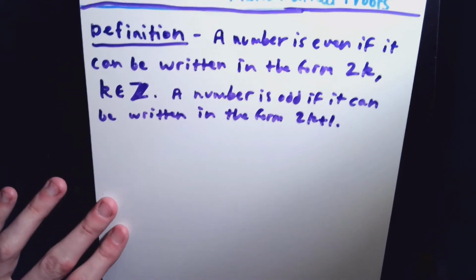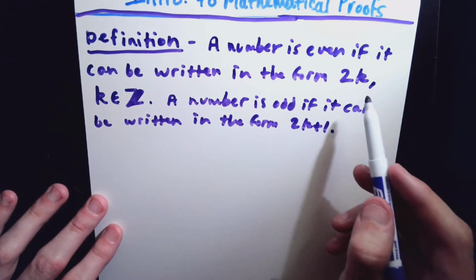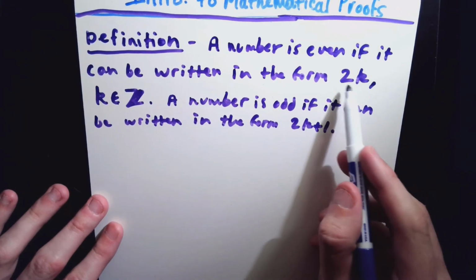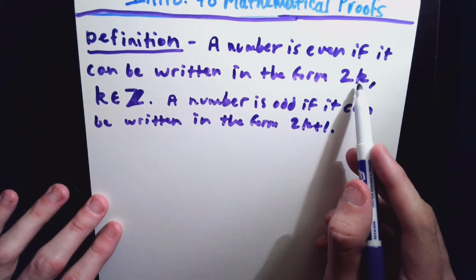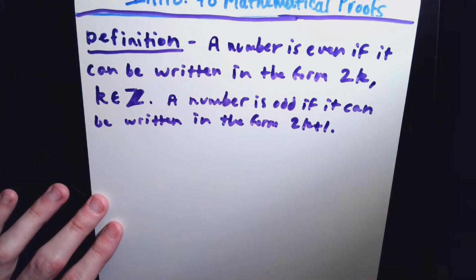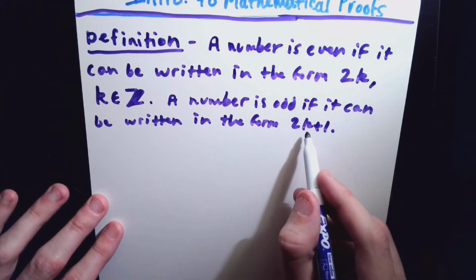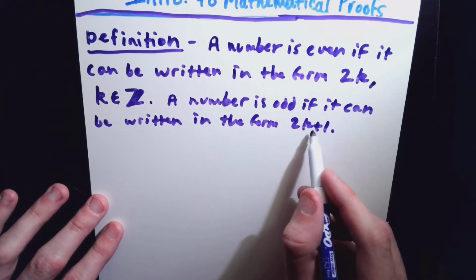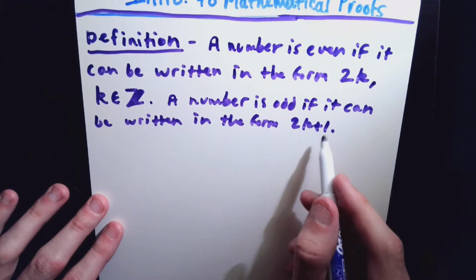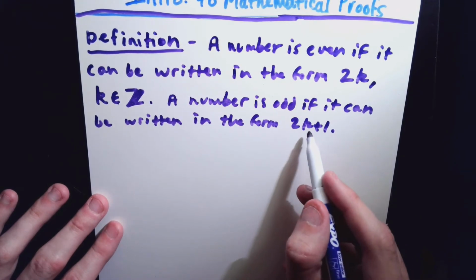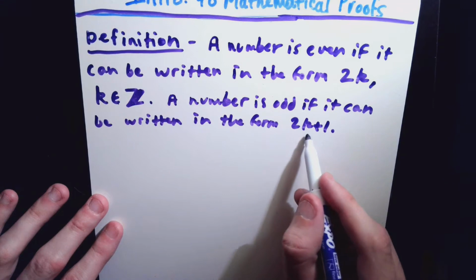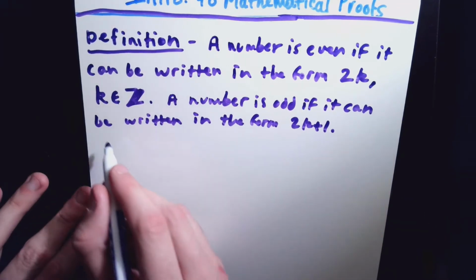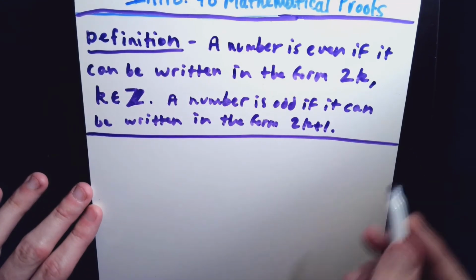The number 4 is an even number, right? So in that case, k would be equal to 2. The number 5, or let's just change it, let's make it 7. In that case, 7 is odd, and k would be equal to 3. So that's a definition to get us started.